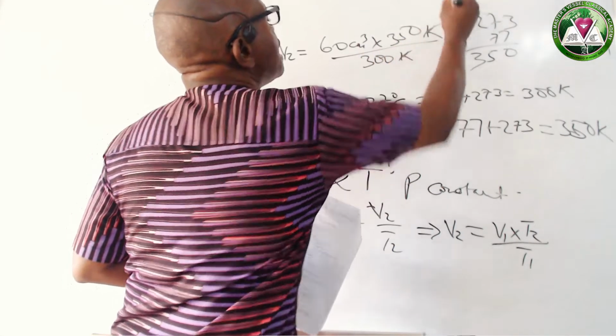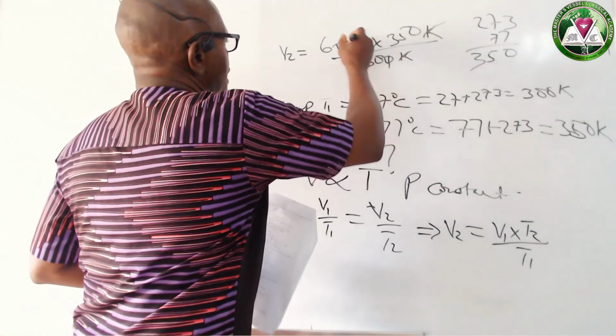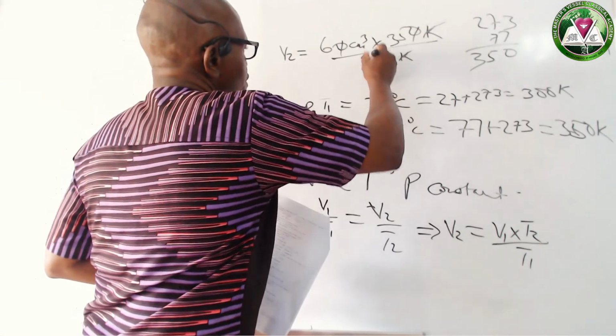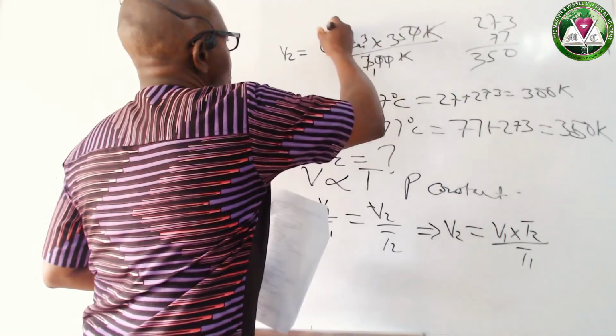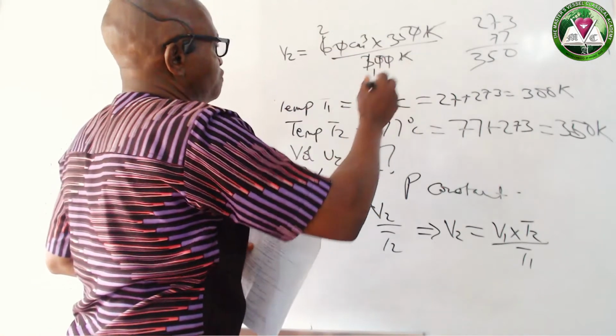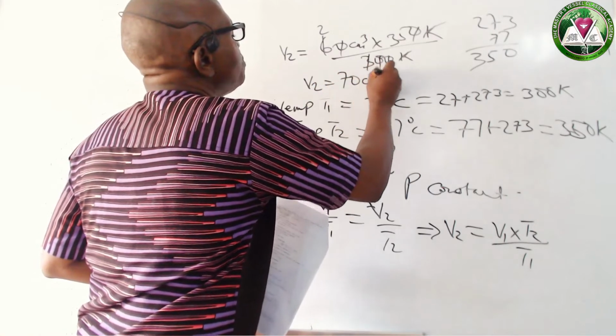Kelvin will cancel Kelvin. 0 will cancel 0, 0 will cancel 0. 3 here is 1, 3 here is 2. 2 times 35 will give you 70. Therefore, our answer V2 is equal to 70 cm cube.